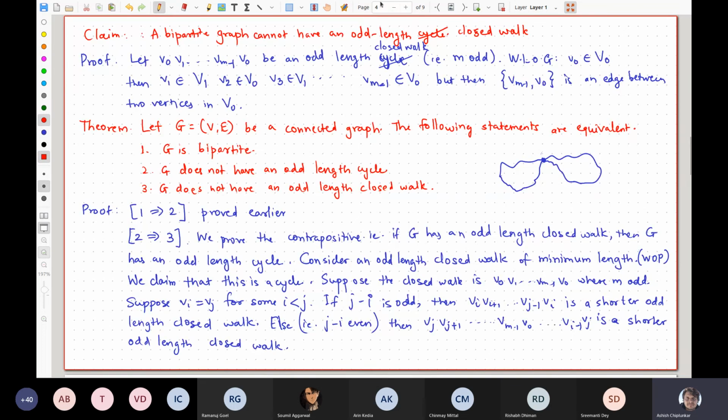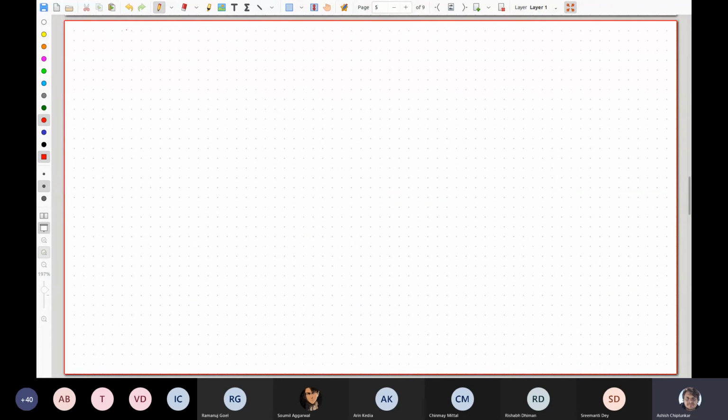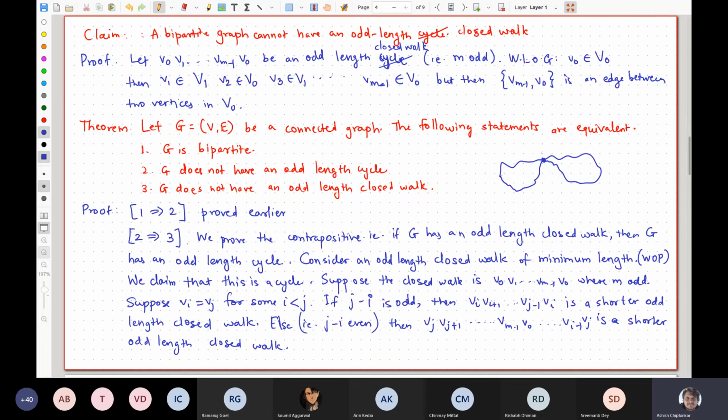So what do we want to prove? We want to prove 3 implies 1, no? Right. So now let's define. Okay. So first of all, V, E is a connected graph.